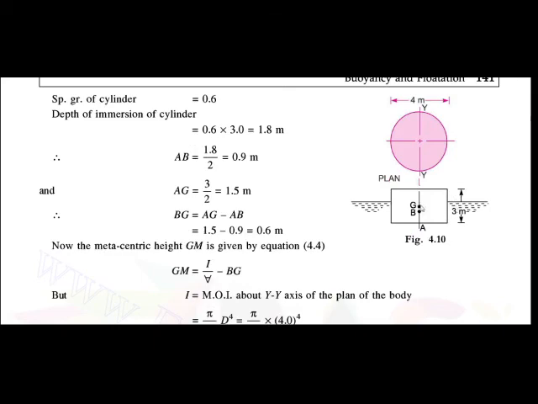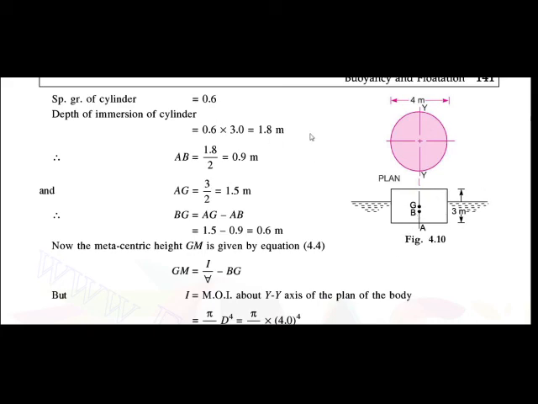The center of gravity will be acting over here, at half of this 3 meter. So distance AG is half of the depth of this cylindrical body, which is 3 meter. So 3 by 2 is 1.5 meter. Distance AG is 1.5 meter.